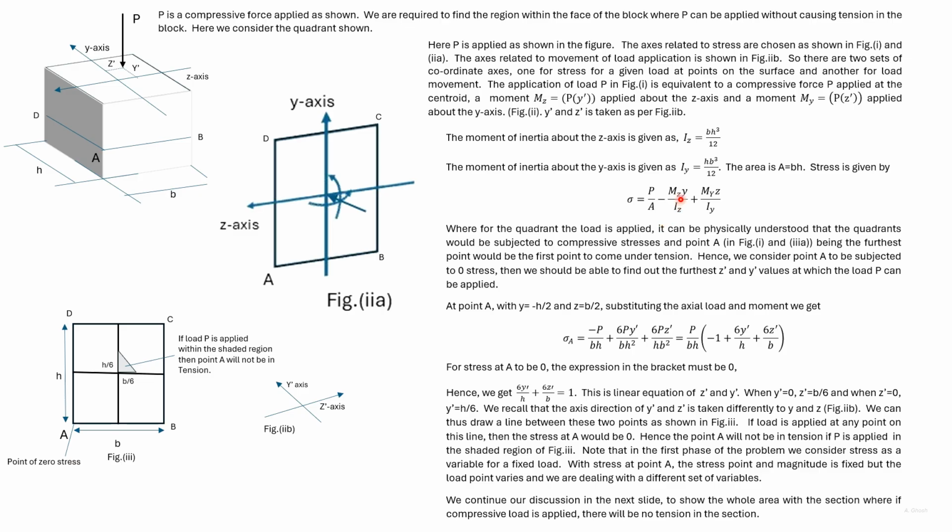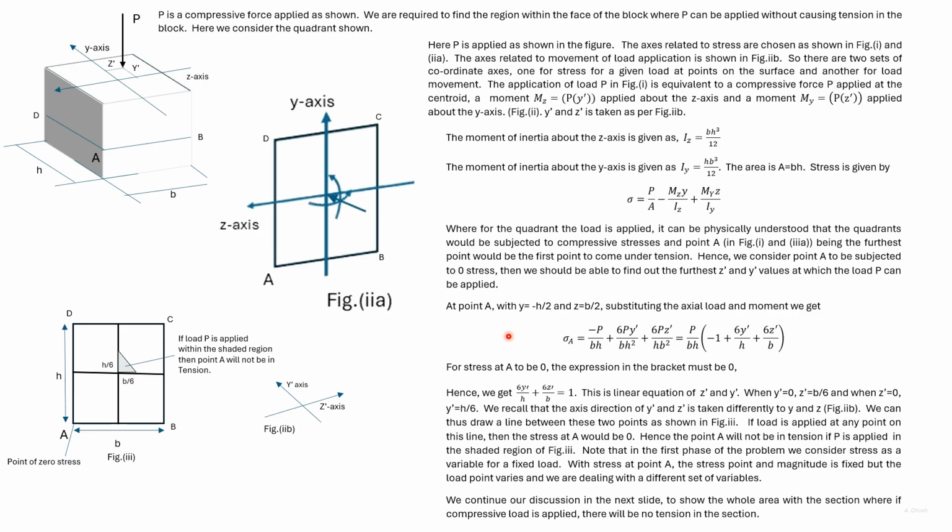We took different points with coordinates y and z and we could find sigma. So the variables were y and z, which could be given as per the coordinate axis chosen.